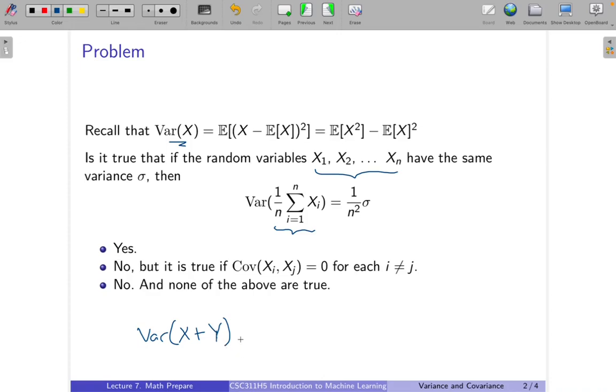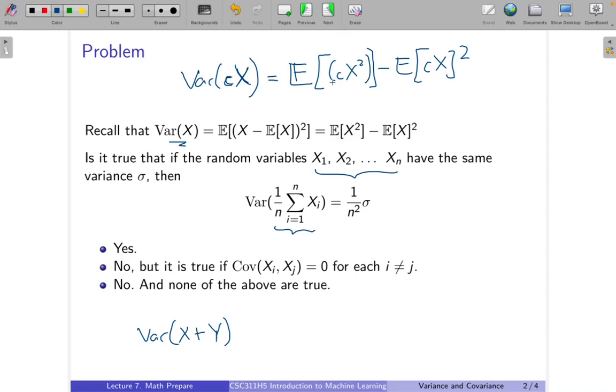a sum, because it should be pretty straightforward to show that if you have a constant multiple of a random variable, then the variance of c times x, well, let's use this definition on the right-hand side here. That's just the expected value of (cx) squared minus the expected value of cx, squared.